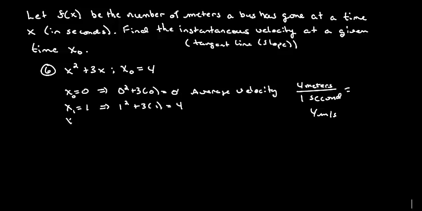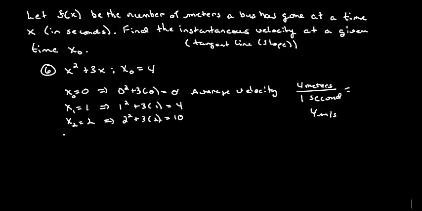In fact, if we go to time equals 2, we'd have 2 squared plus 3 times 2, which is 4 plus 6, which is 10. So in the first second, we increased by 4 meters. Between second 1 and second 2, we increased by 6 meters. So we're obviously speeding up.